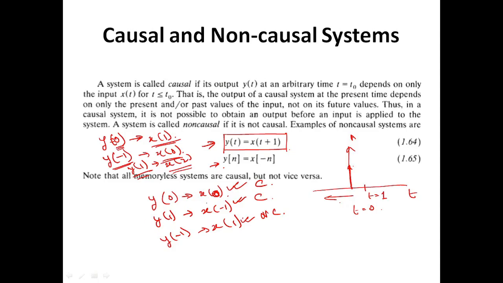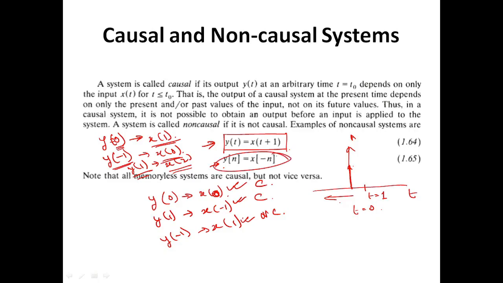We have to consider the system as a whole. If a system is non-causal even at a particular period of time, even at a single point, then it is a non-causal system. So the second system is non-causal in nature.